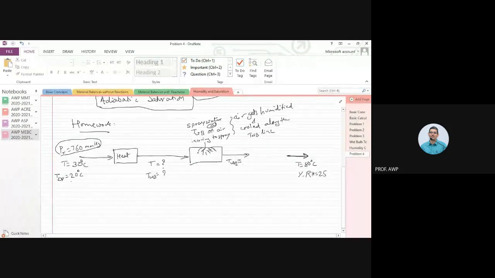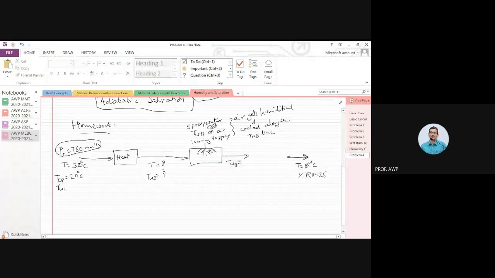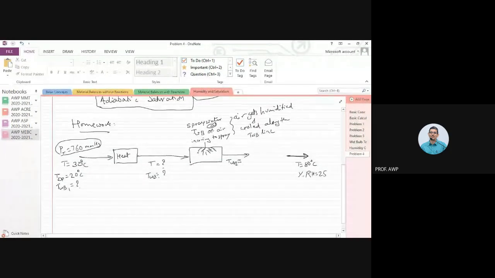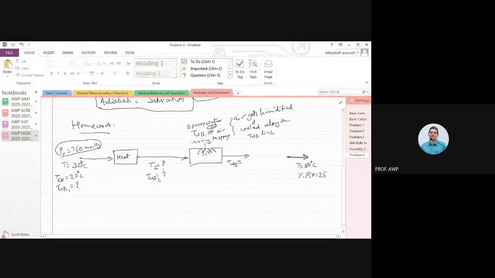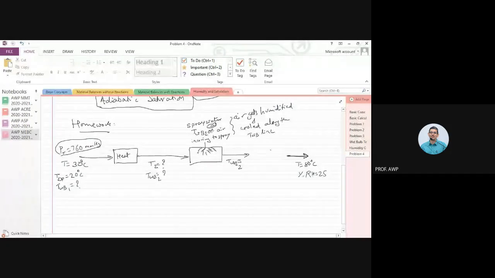Okay, so I want you to find out the wet bulb temperature here as well. So this is TWB2, TWB2 line.